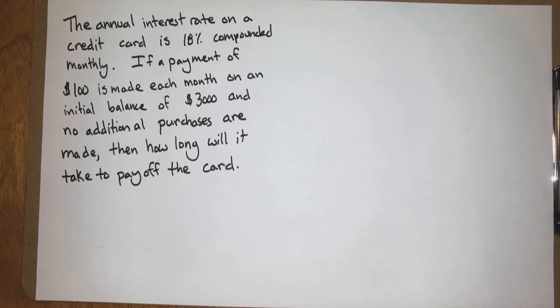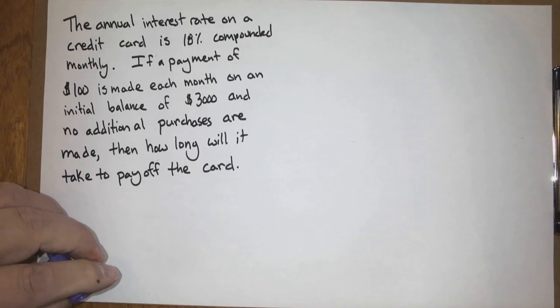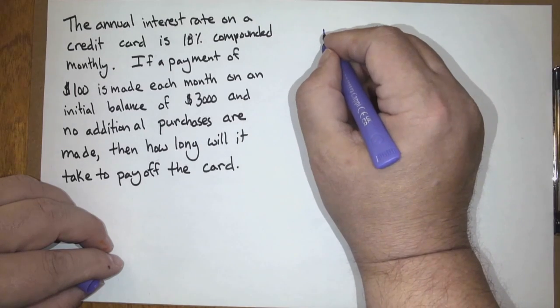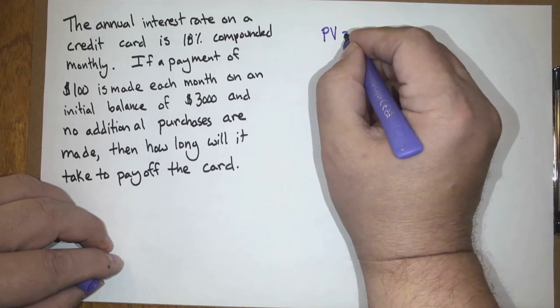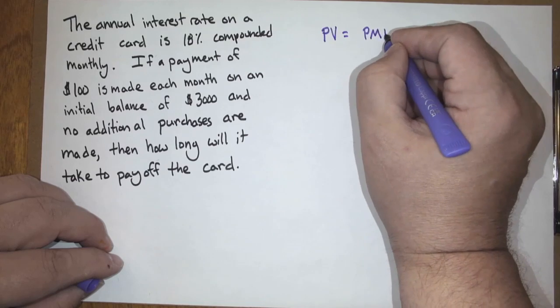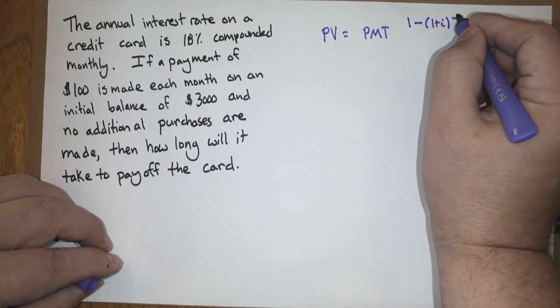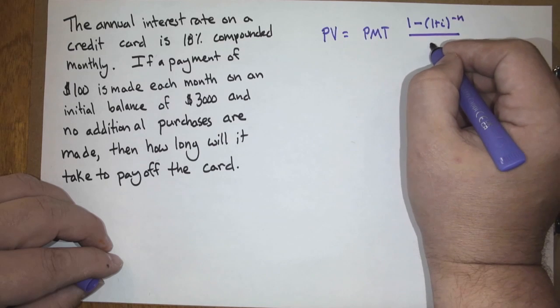So it's one of those things like, okay, again, you have some intuition about how things should work. Now, let's write down our formula. Well, we have our present value is our payment times 1 subtract 1 plus i to the minus n, divide by i.